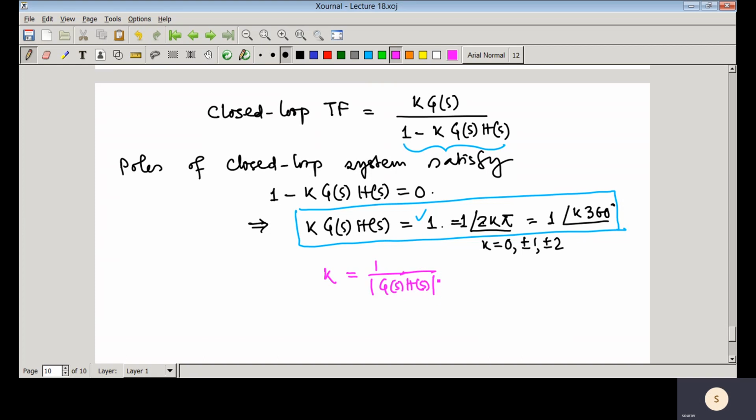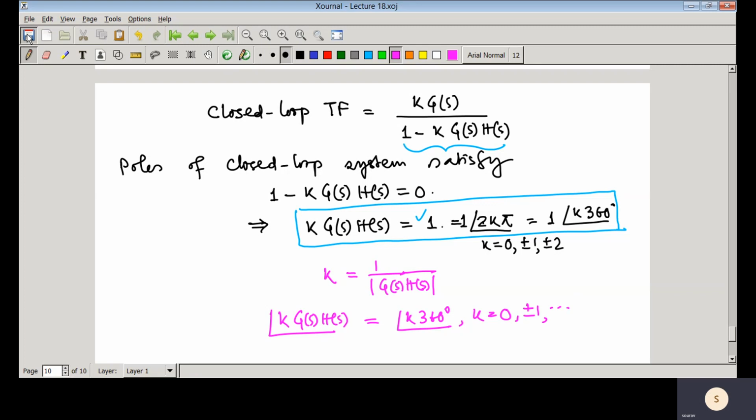So this is the gain criteria. And what would be the phase criteria? That means the angle of K G of s H of s must satisfy angle k 360 degree, where k equals 0, plus minus 1 and so on.